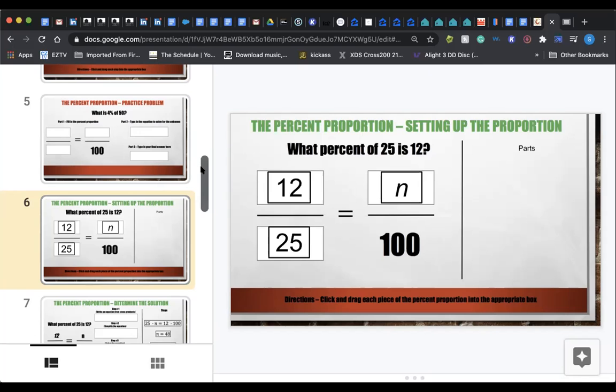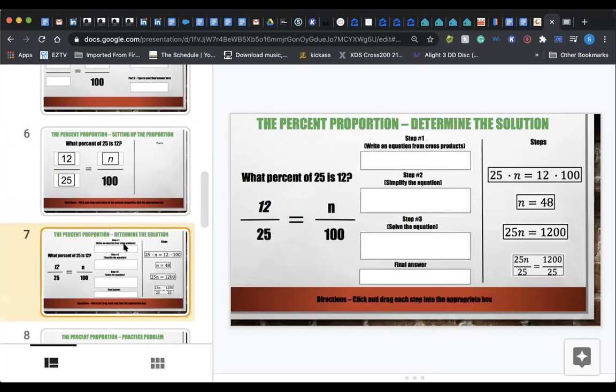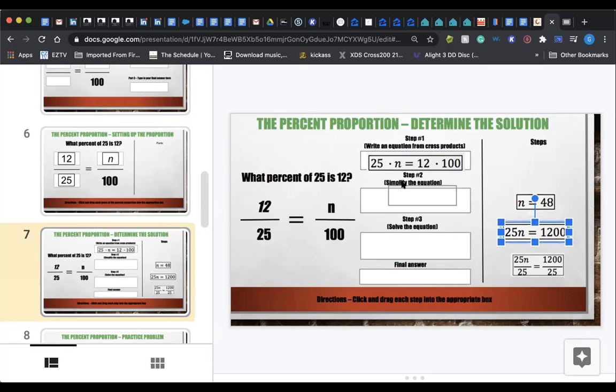All right. So let's solve it. So where does this go? What step is this? Is this step 1? 25 times n equals 12 times 100. Good. What's step 2? 25n equals 1200. Perfect.